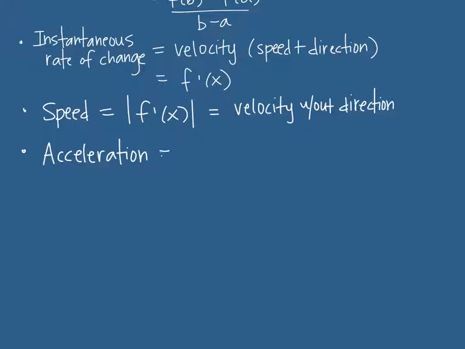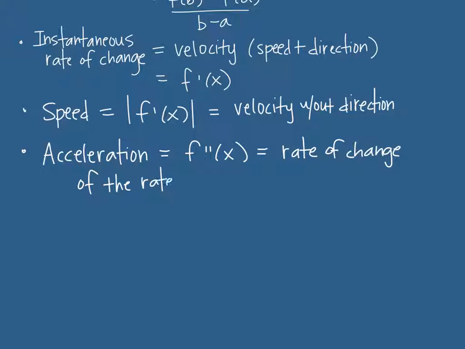Acceleration is defined as the second derivative. That's the rate of change of the rate of change. It's like a double rate. Your speed is your regular rate of change. How fast your speed is changing is your acceleration. The rate of change of the rate of change. That would be the second derivative.